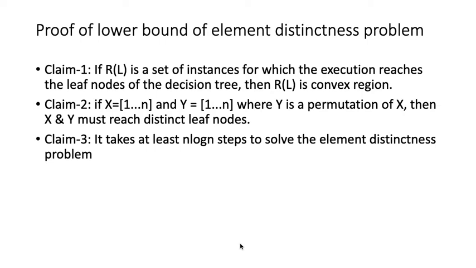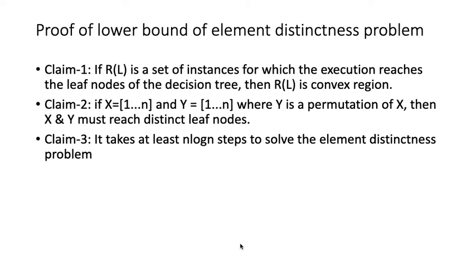So now let's have a look at how we are going to prove the lower bound for the element distinctness problem. We are going to prove this in 3 steps. We'll be providing 3 claims and we'll prove each of them one after another. The first claim states that if R of L is a set of instances for which the execution reaches the leaf nodes of the decision tree, then R of L is a convex region.